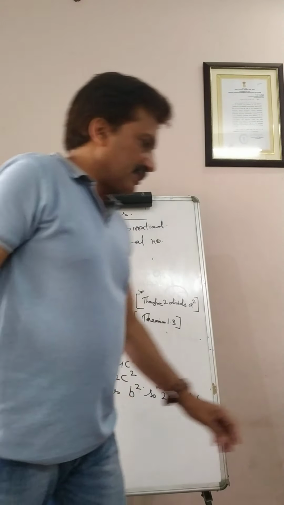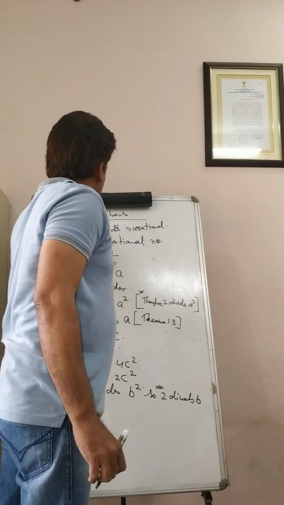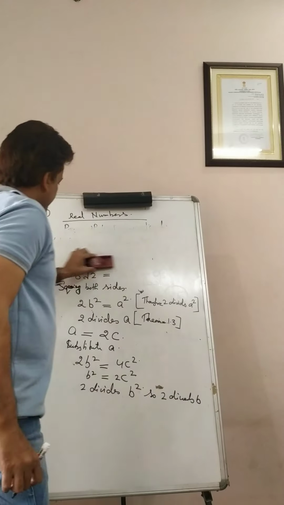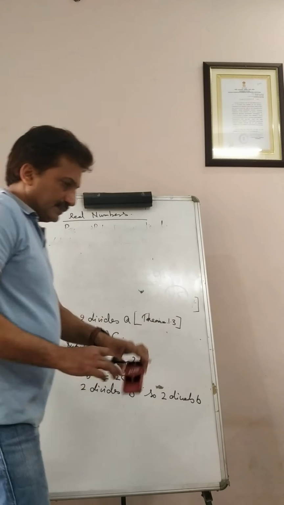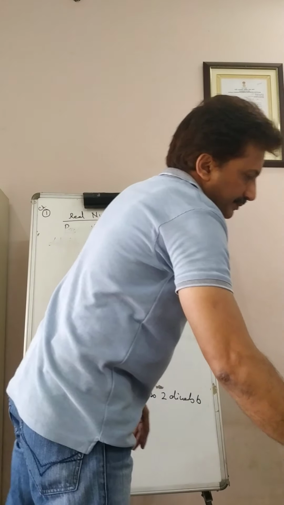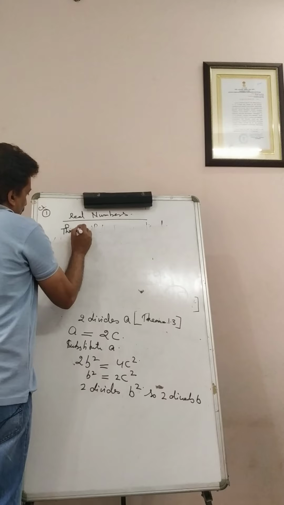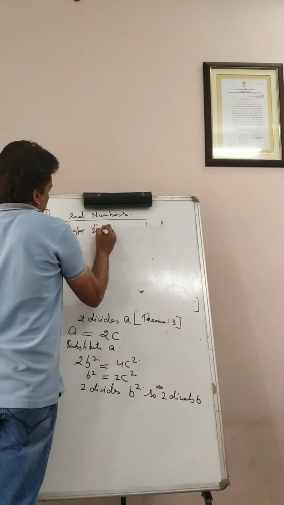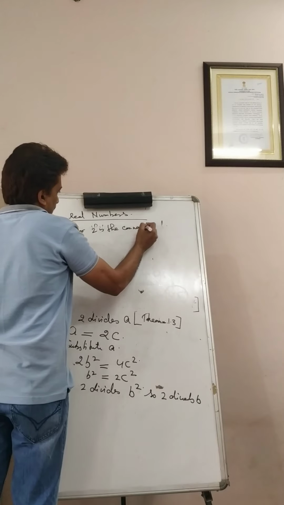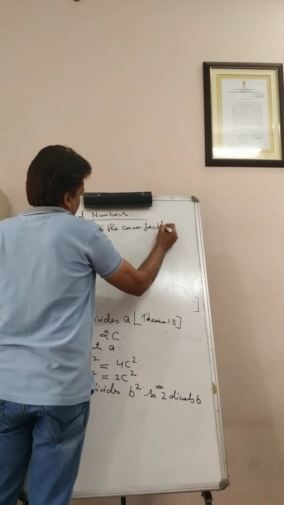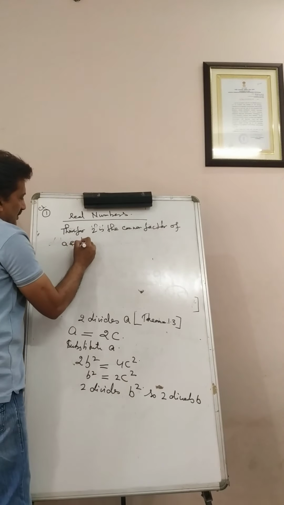Now I'm just erasing the top of this, and I hope that you will be able to solve this one. Now you have to write this. Therefore, 2 is the common factor of a and b.